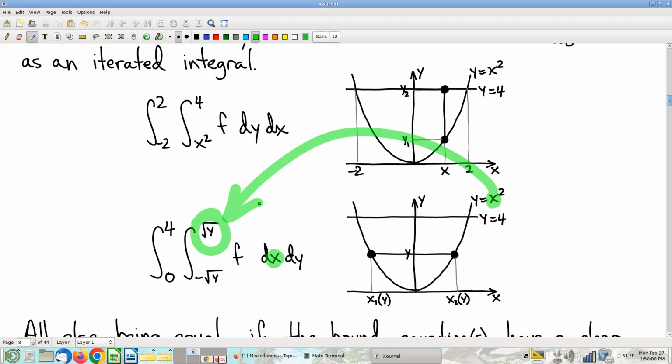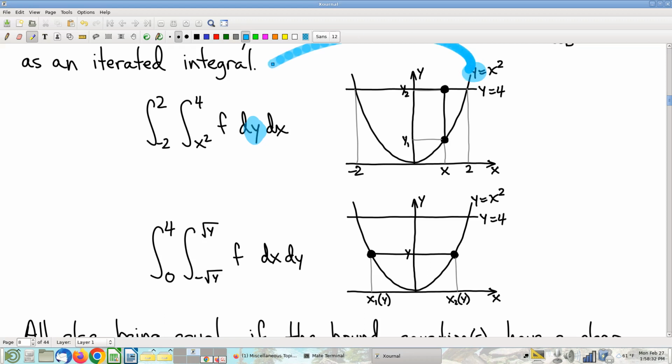Now, why did I have to solve for x here? Well, I had to solve for x because x was on the inside. This example up here worked out more nicely. I didn't have to solve for x. X is on the outside. In this example up here, I had to solve for y because y is on the inside and y is already solved for.